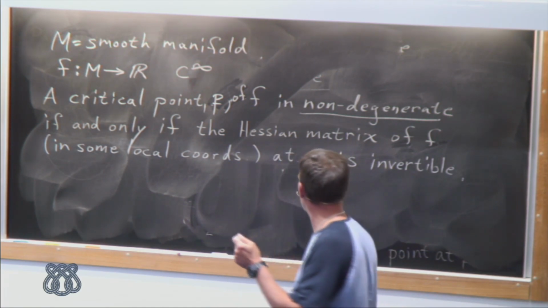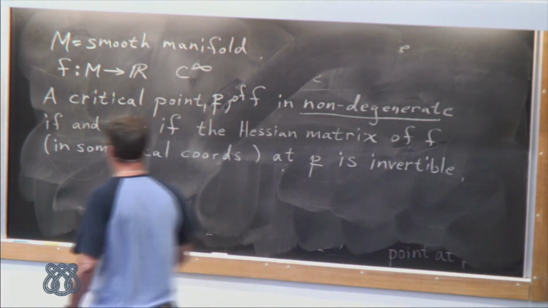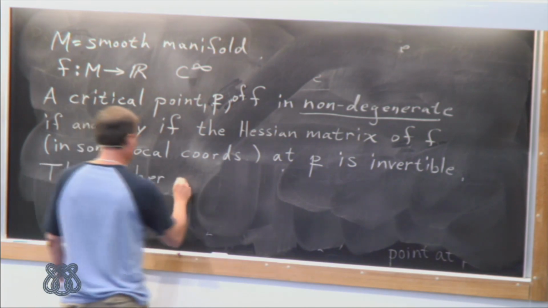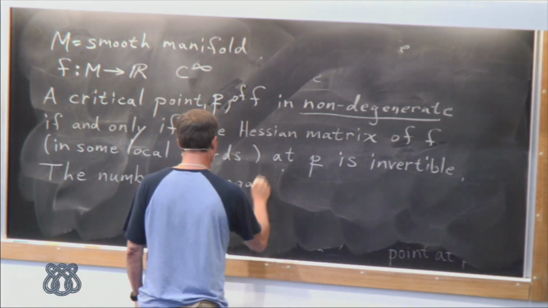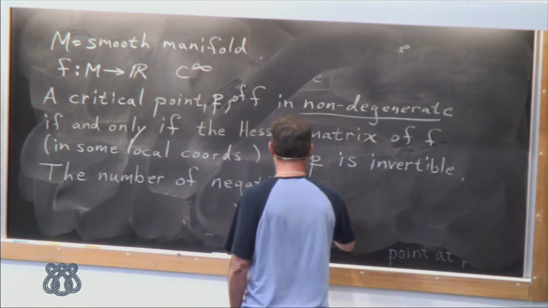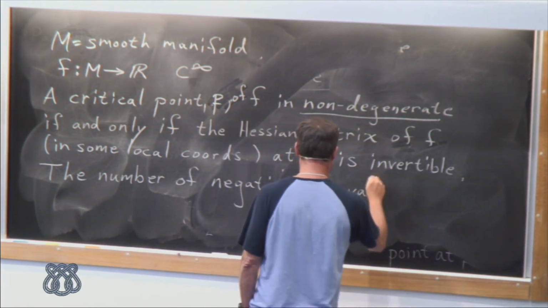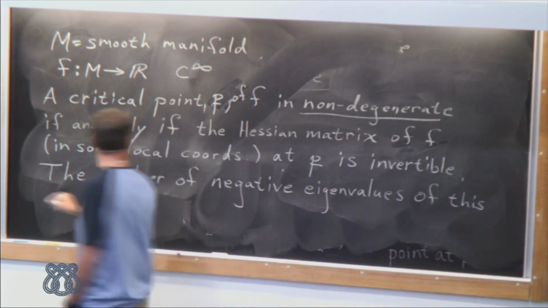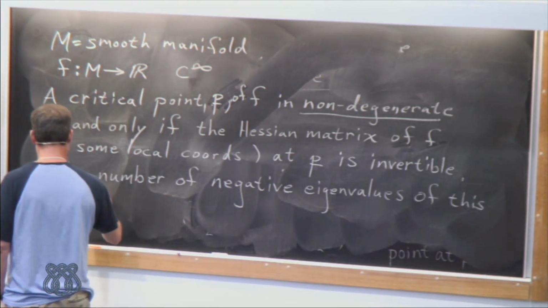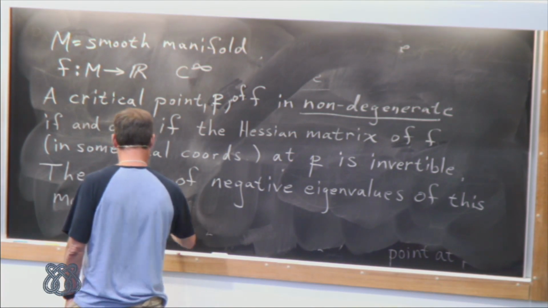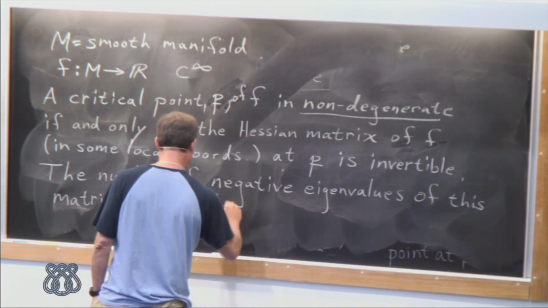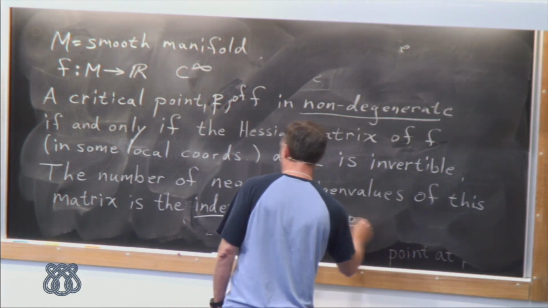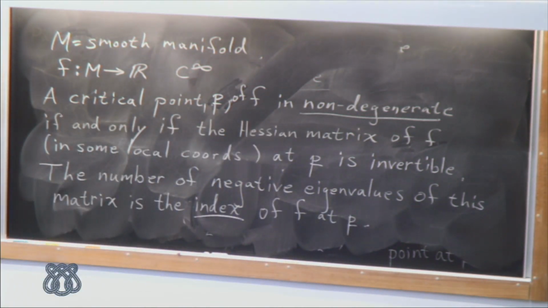And then the number of negative eigenvalues of this matrix is the index of F at P. It is a very good exercise, I recommend it.